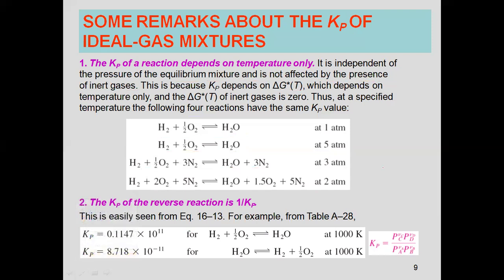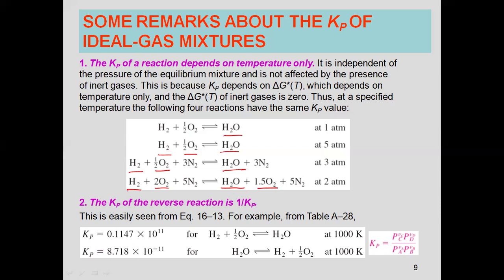Here in all these reactions, hydrogen and oxygen are combining to produce H2O. Here also you see, maybe the amount of oxygen is different, but ultimately the number of moles of H2O is the same.